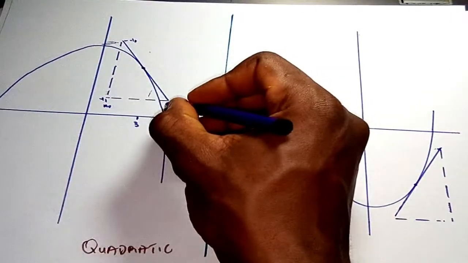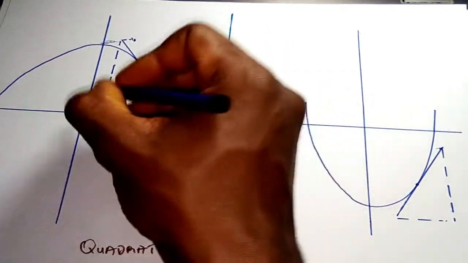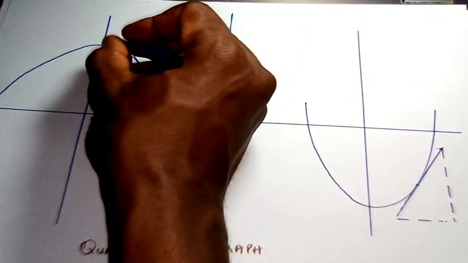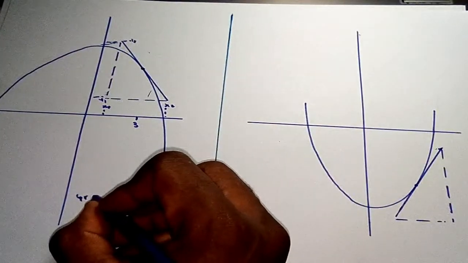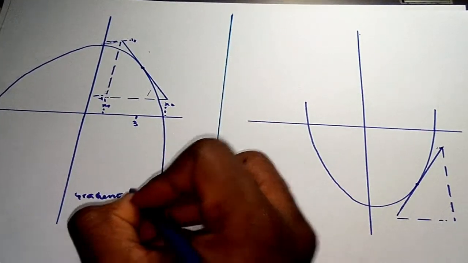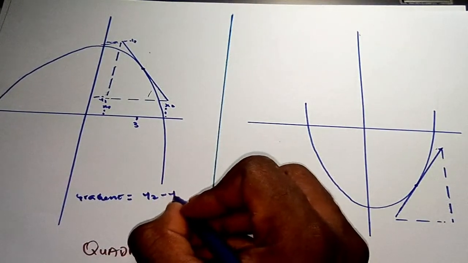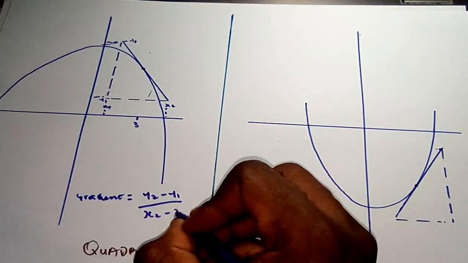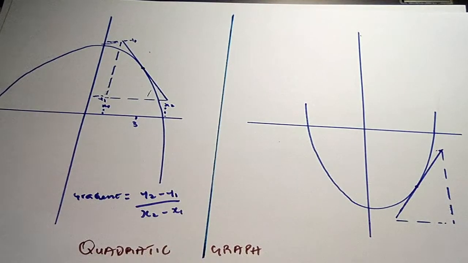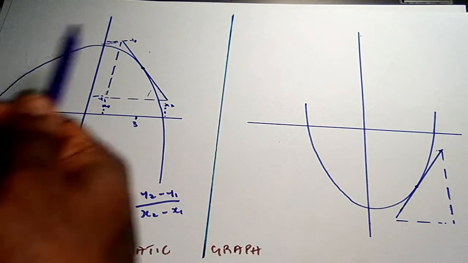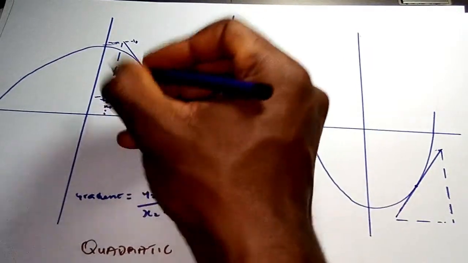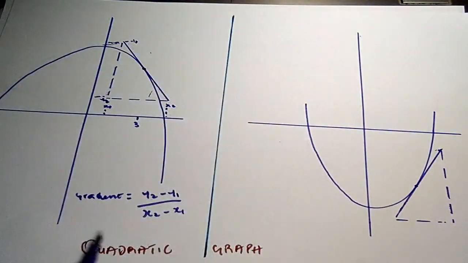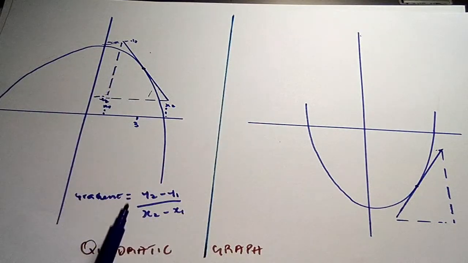And this is x1, x2, it traces down, this one traces to this point, and this one traces to this point, and you get your slope or gradient as y2 minus y1 over x2 minus x1. So after you trace the values and get each value, you put them into this formula and you get your gradient.